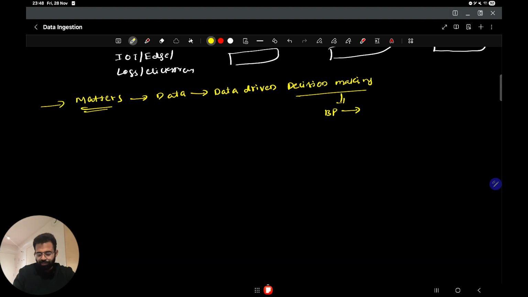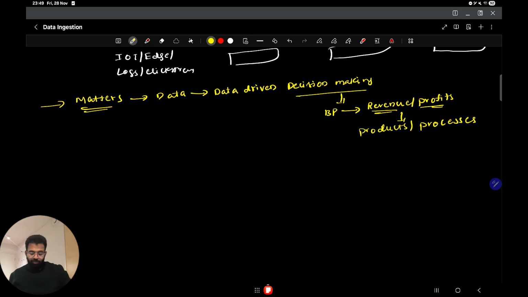And why will they make the decision? In order to improve the company's revenue, profits. And how will they do that? By making strategic decisions about products and processes. This is the goal, guys. You should always keep it in mind. This is one of the reasons why ingestion matters.